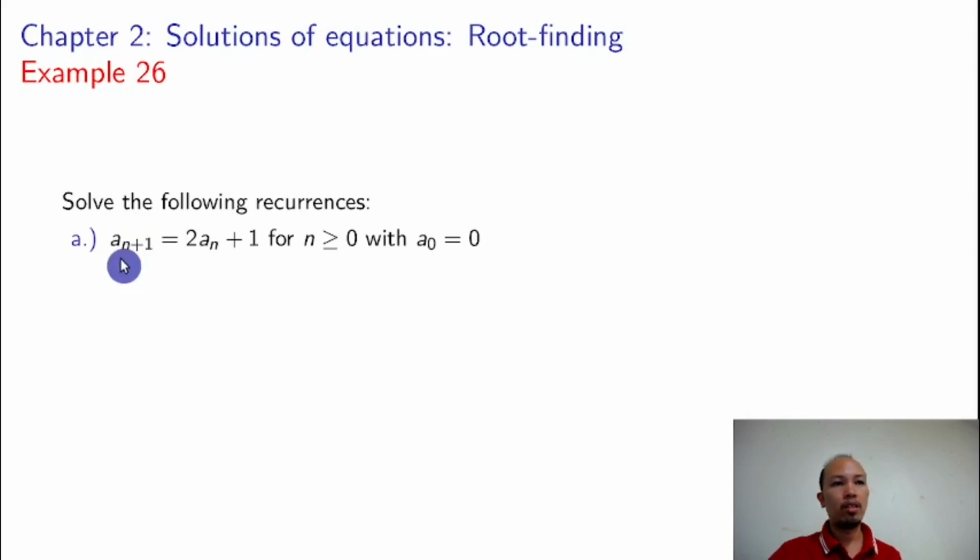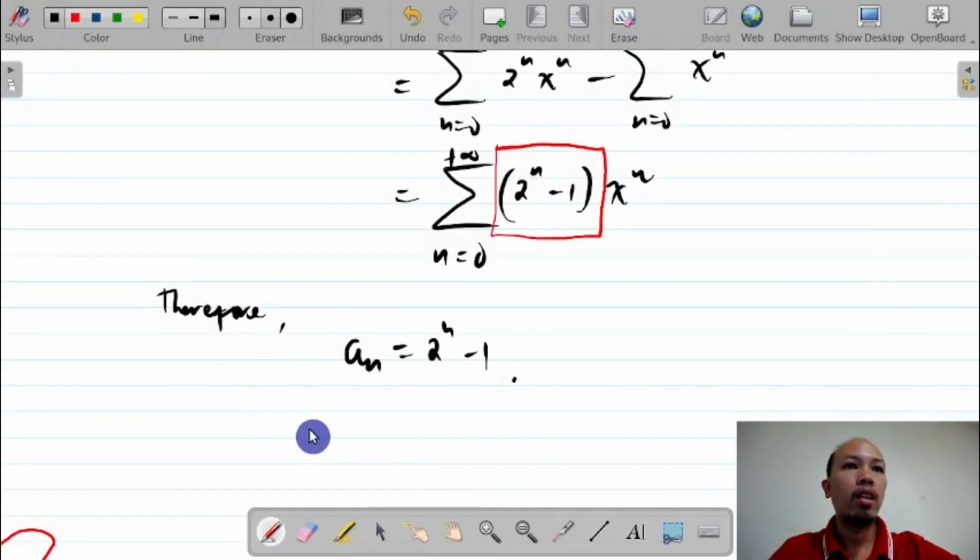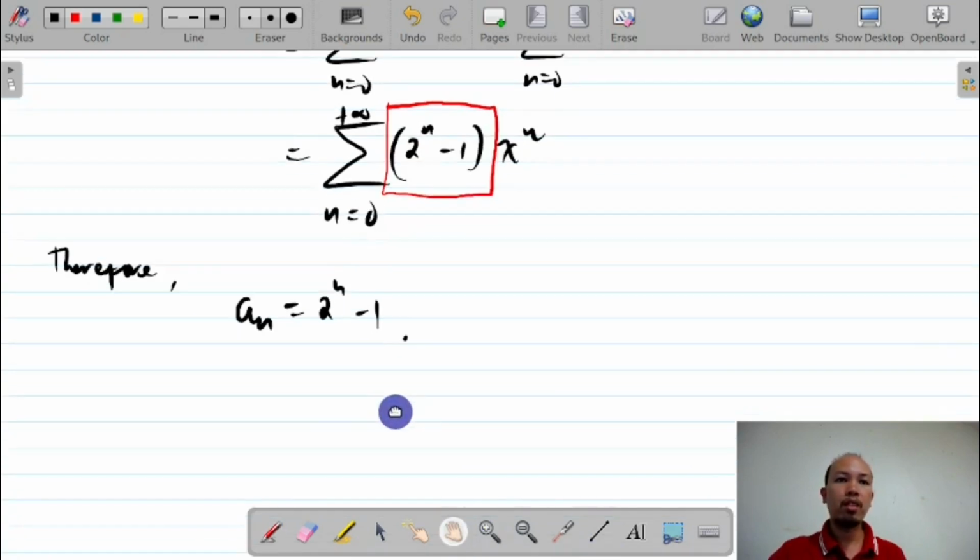So if you want to know a sub n plus 1, just replace n by n plus 1. Okay, so this is the end of the solution.